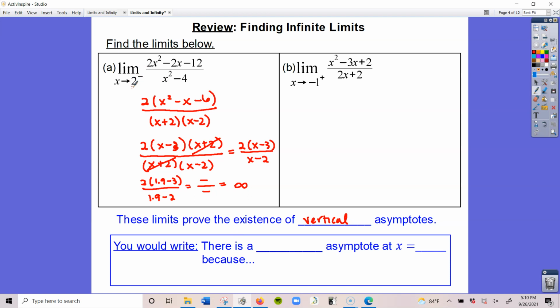simply because we have the limit as x is approaching a real number. And if you think about it, vertical asymptotes are written as x equals some number. So if we have x approaching that number and we end up with an answer of infinity or negative infinity, then that must mean we have a vertical asymptote there.